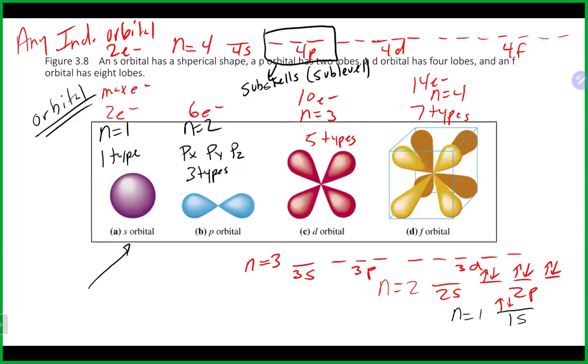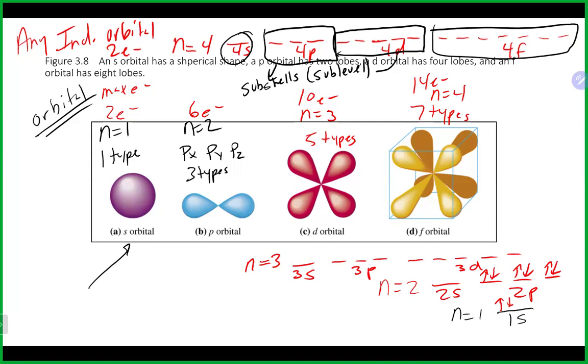That would be the 4p subshell, which includes all 3 of the orbitals there. This would be the 4d subshell. This would be the 4f subshell. We don't call the s orbitals a subshell because there's only one orbital. Basically, we just call it an orbital, in this case.